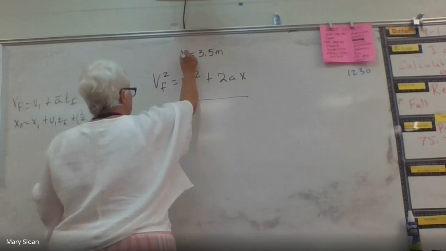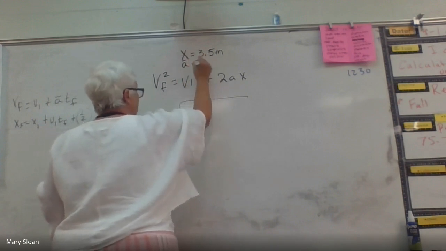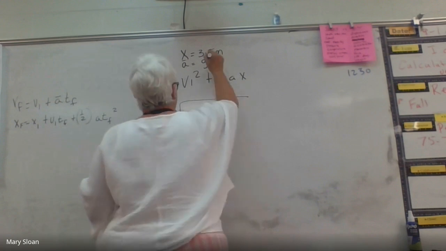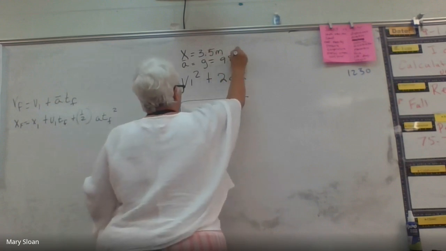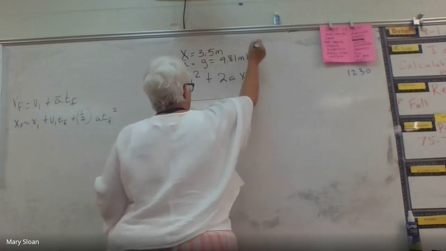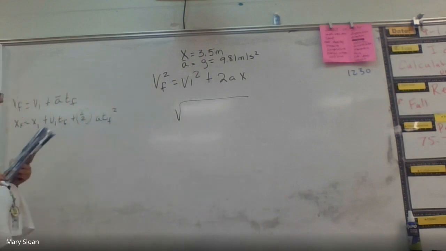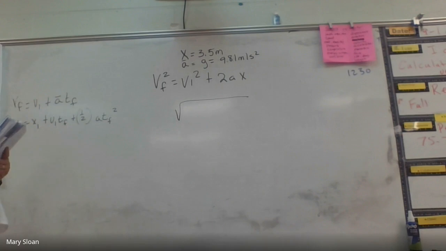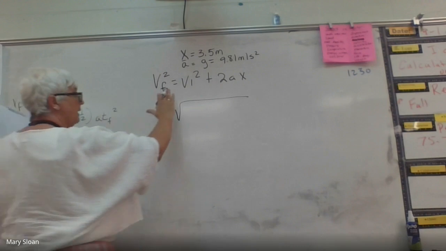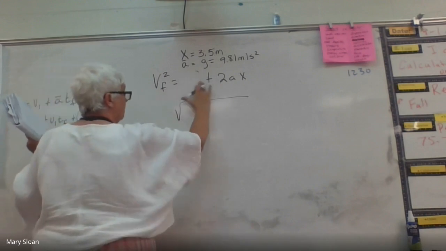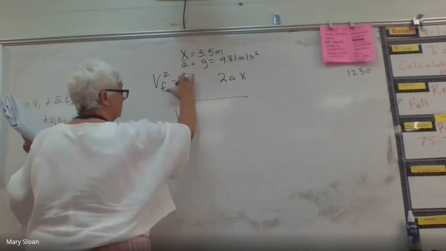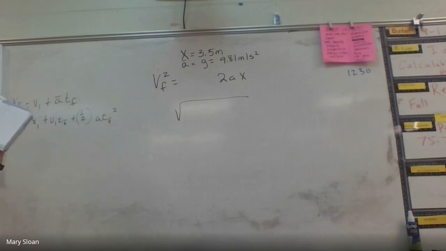So our acceleration would equal gravity, which would be 9.81 meters per second squared, correct? Now, do we have an initial velocity? No. We don't, do we? So we're not needing this. This is all we need, isn't it? Does everybody agree? Do you understand why I'm square rooting it though? Because I'm just looking for a final velocity.